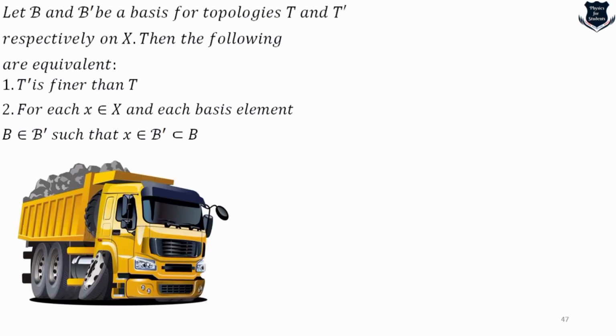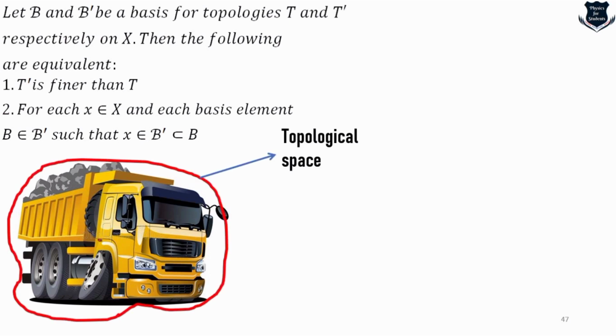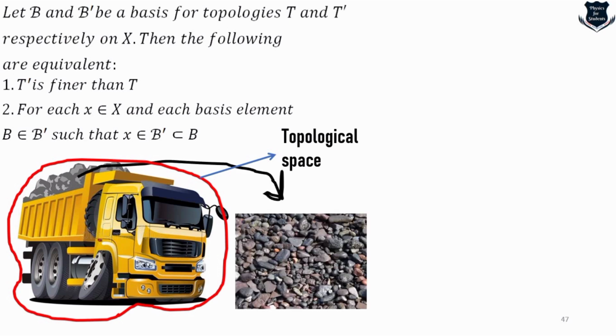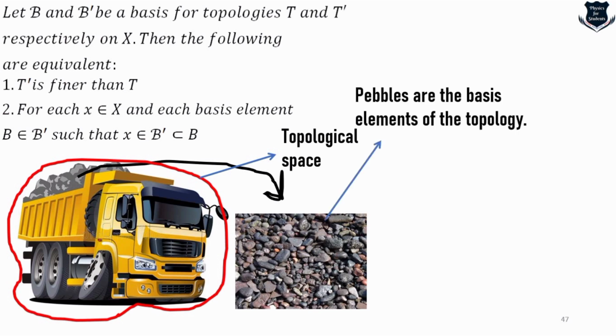Now let us assume this is a truck which contains a lot of pebbles or gravel, etc. Think of this as a topological space. So this truck carrying the gravel is a topological space. It's just an abrupt example. And these pebbles are the basis elements of the topology.